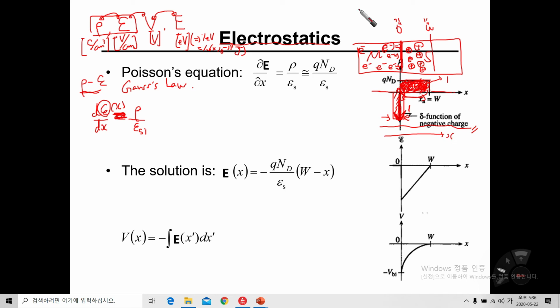Even though the MS contact is formed three-dimensionally, we only think of how electrons and donors are ionized and how the depletion regions are formed. Everything is discussed along the x direction only. We are not talking about the y and z directions, because along y and z everything is identical. Depending on the x value, something is different.